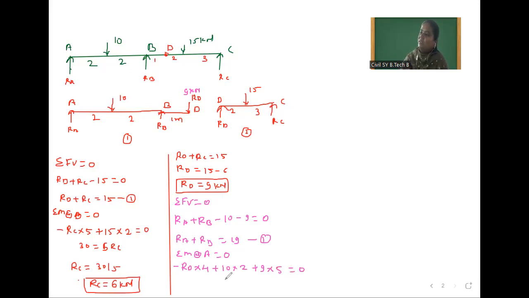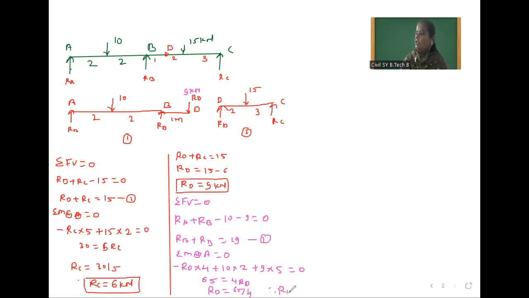Now we will shift this minus RB to right side. So 10 into 2, 20, 9 into 5, 45, 65, which is equal to 4 RB. So RB, which is equal to 65 divided by 4.